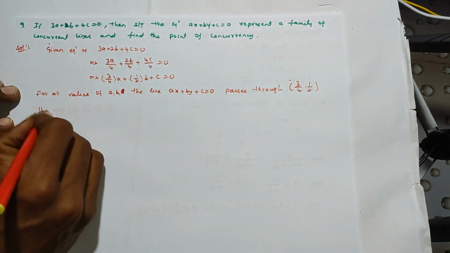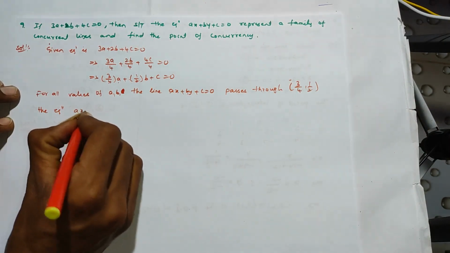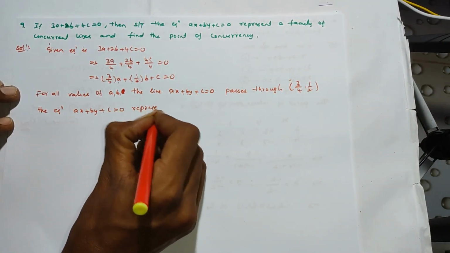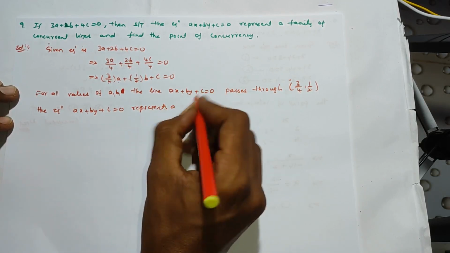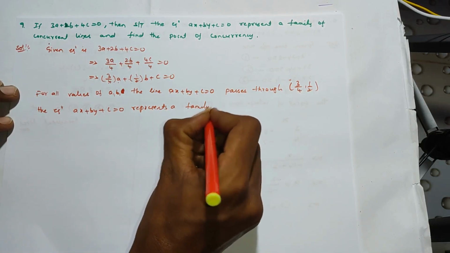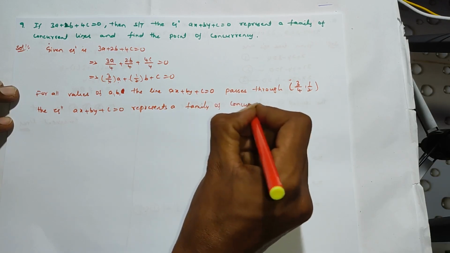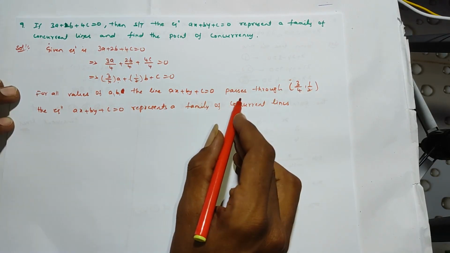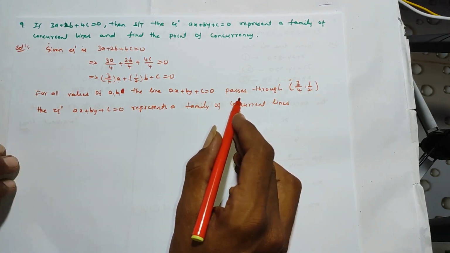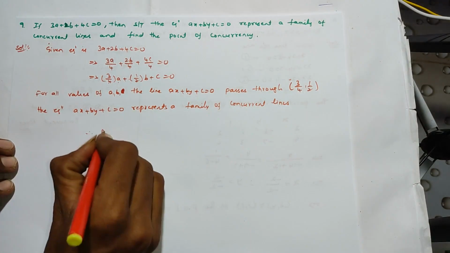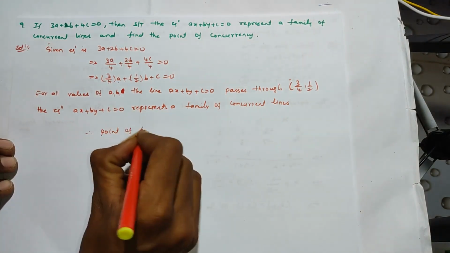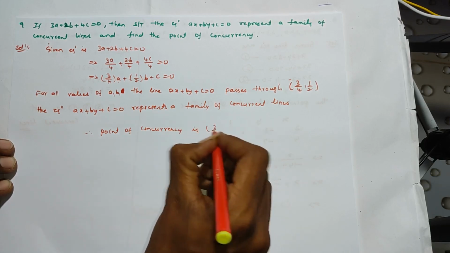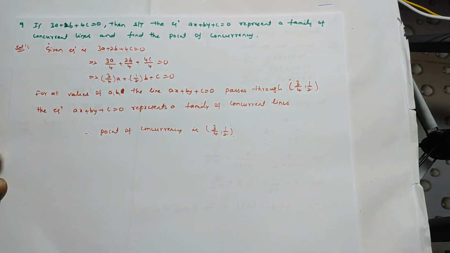The equation ax + by + c = 0 represents a family of concurrent lines depending on a and b values. Whatever the a and b values are, all the line equations are concurrent. Therefore, the point of concurrency is (3/4, 1/2).